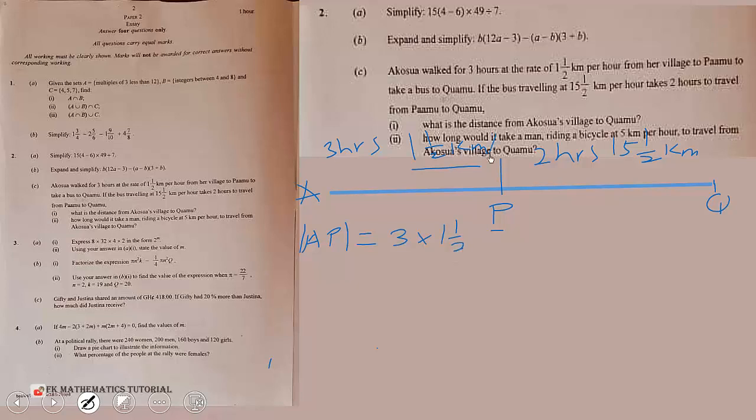So this is kilometers per hour. So this will be the same as 3 times 3 over 2, which is 9 over 2, or 4.5 kilometers.